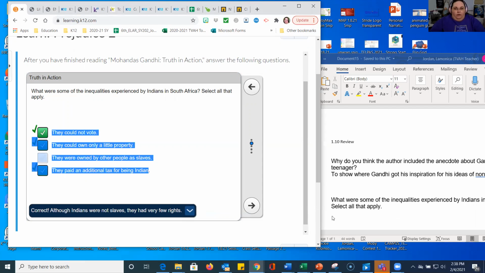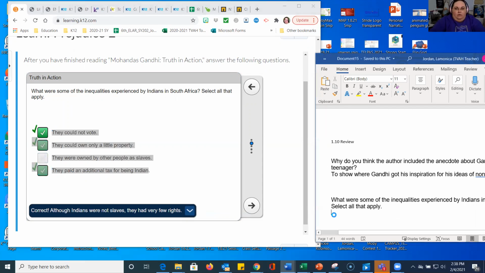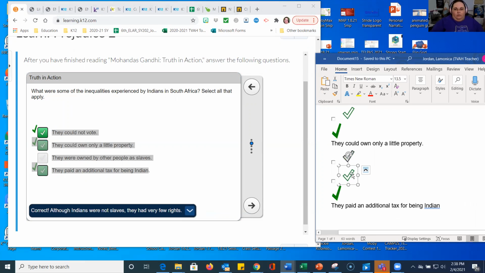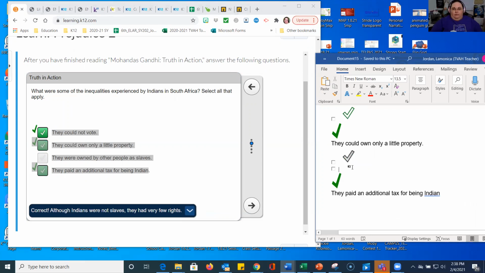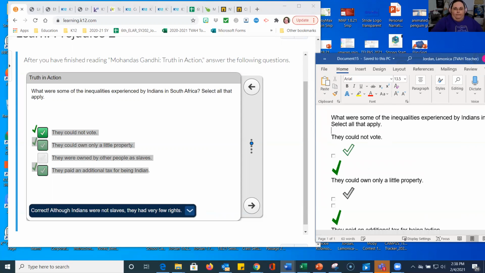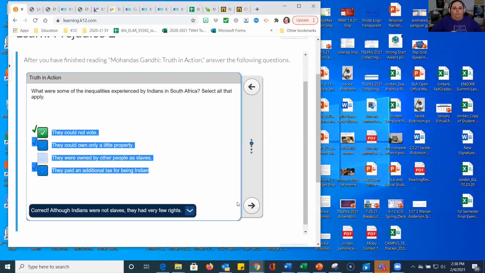Copy, and then I'll take out the one that's wrong. Okay, and you're going to do that with each one that comes along. I'm not going to do it with each one. I think y'all get the idea.